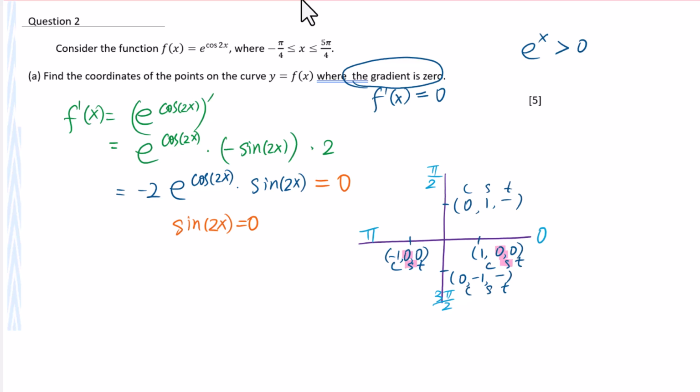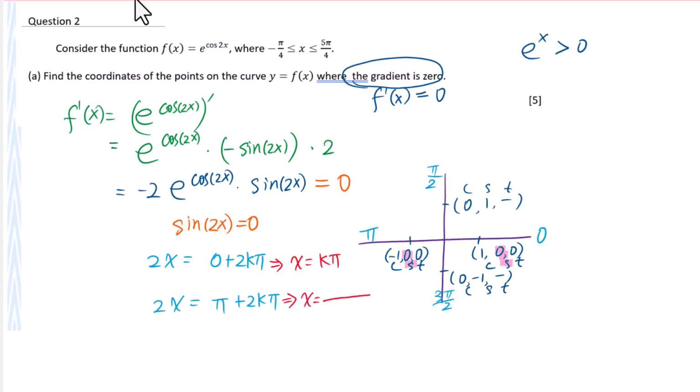So we got 2x equals 0 plus 2k pi, or 2x equals pi plus 2k pi. Divided by 2 both sides, we got x equals k pi. From here, we got x equals pi plus 2k pi over 2. X equals k pi.